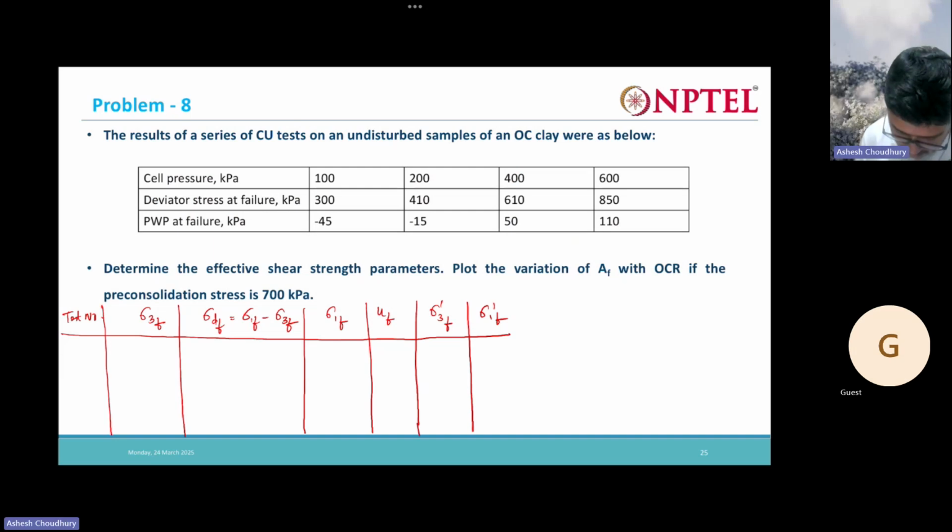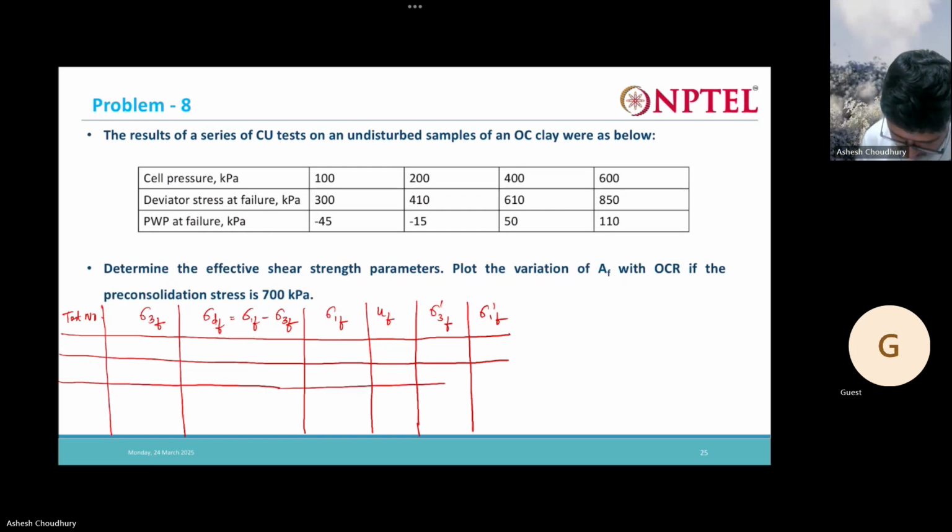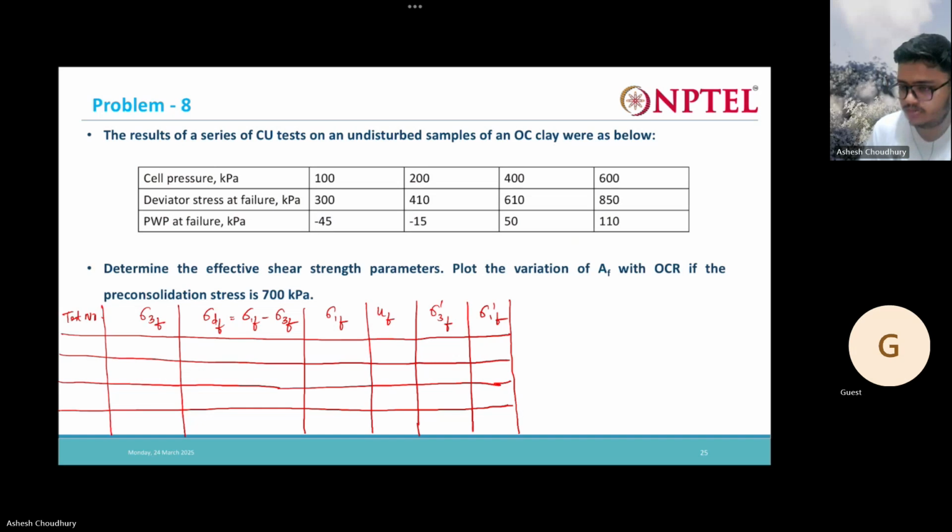There are 4 tests, so 1, 2, 3, 4. Sigma 3 at failure is 100, 200, 400, 600.